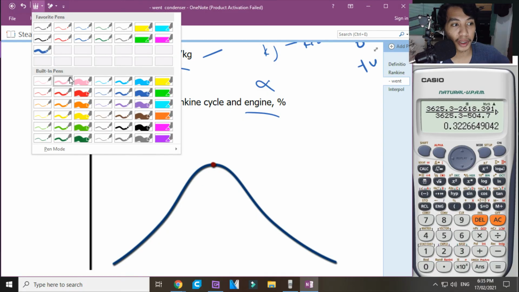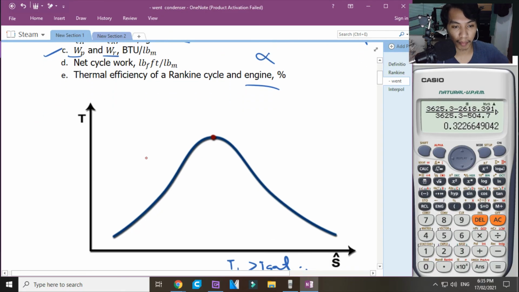Ganito po ang pag-plot niyan. Turuan ko kayo. Andito yung inyong 10 MPa. Temperature natin is 600 degrees Celsius, so constant temperature. Andito yung kanyang constant pressure line.